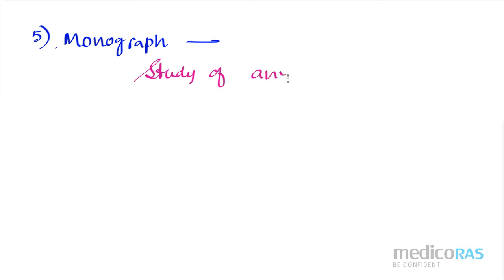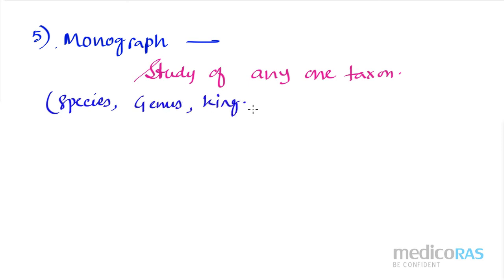Let me go to the fifth point, and this is monograph. So what is monograph? Please write down: study of any one taxon. We know what the taxons are. Taxons may be species, or genus, or kingdom.